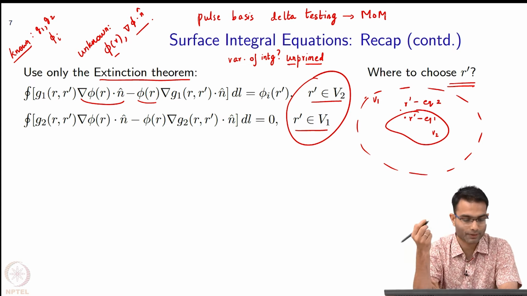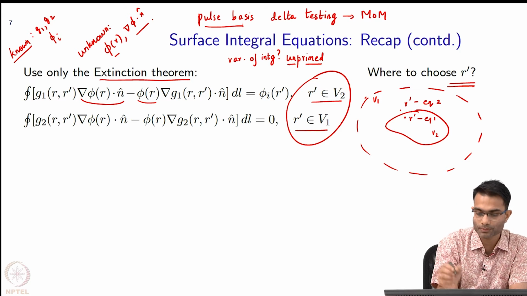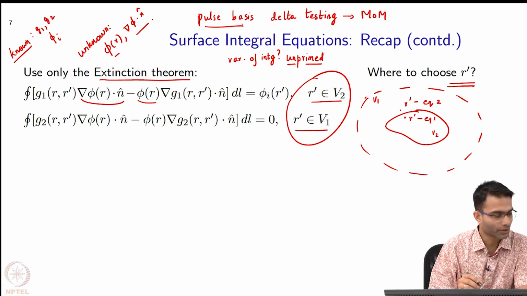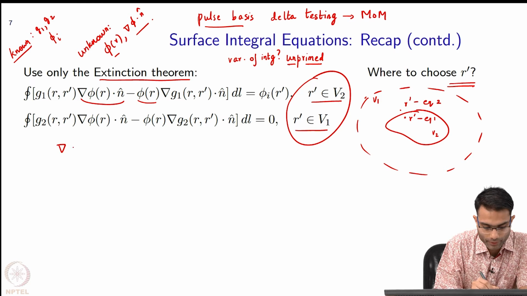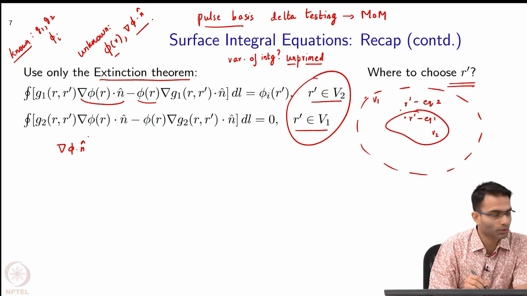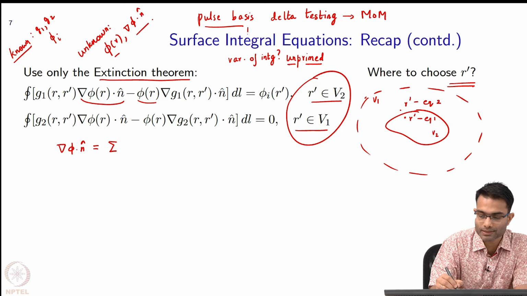Okay, let's take one step back. Let's start with the basis functions, and we'll come to testing next. My unknown functions are phi and grad phi dot n hat. For grad phi dot n hat, which is now my unknown function, I will write it in terms of a known basis. Let me call the pulse basis P n of r.